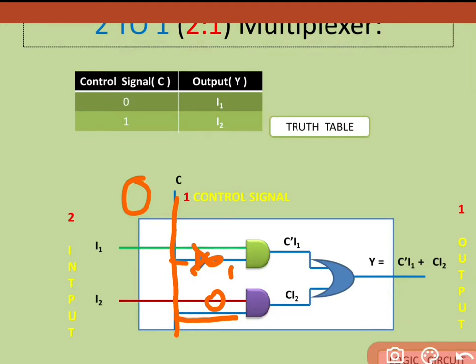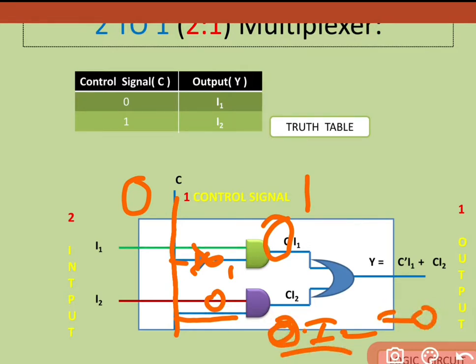And when the control becomes 1, this one becomes 0. Then I2 never works because 0 multiplied with something is 0 only, and because of 1, I1 comes as output.